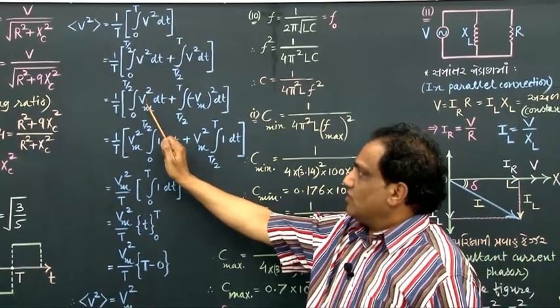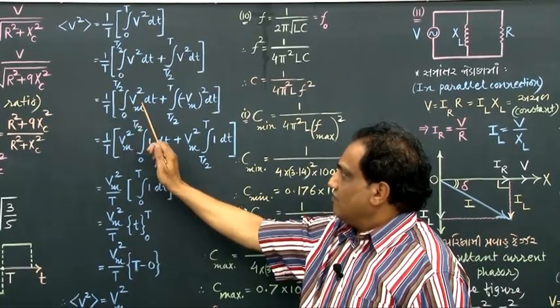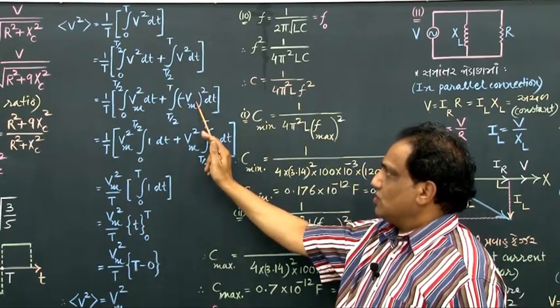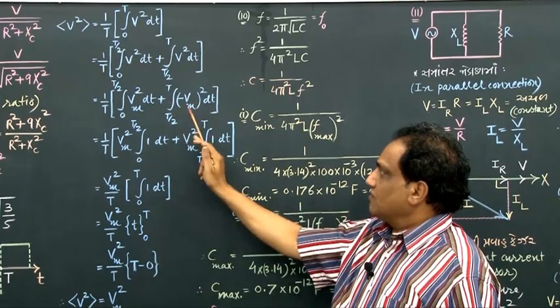Now, this Vm square is constant, taken out, integration 1 dt. Here it is plus Vm square, which is also constant, taken out, integration 1 dt.